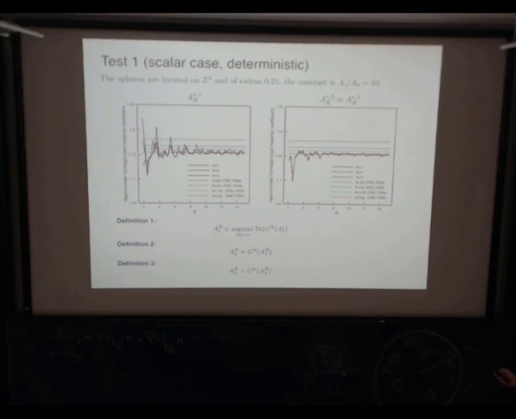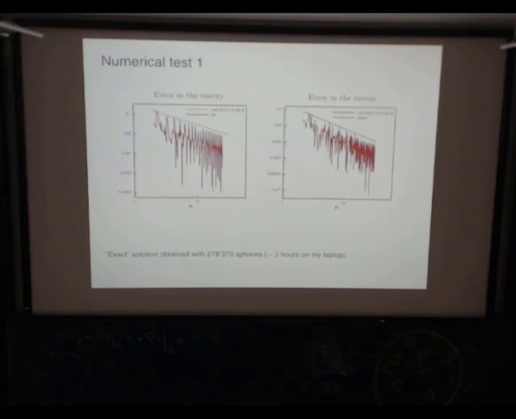We see that definitions 2 and 3 seem to be better, less oscillating as R tends to infinity. This is a general statement that can be made. Now, what about convergence rates? I computed what I call an exact solution with almost 280,000 spheres.